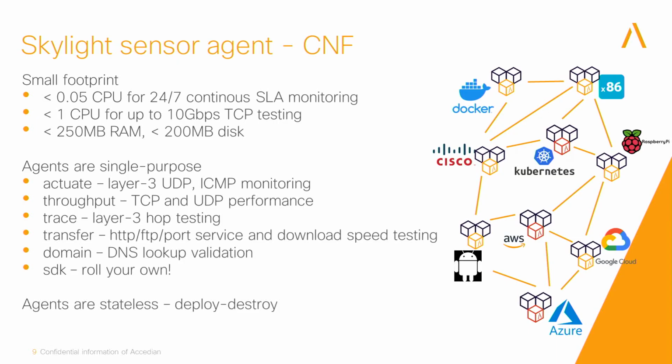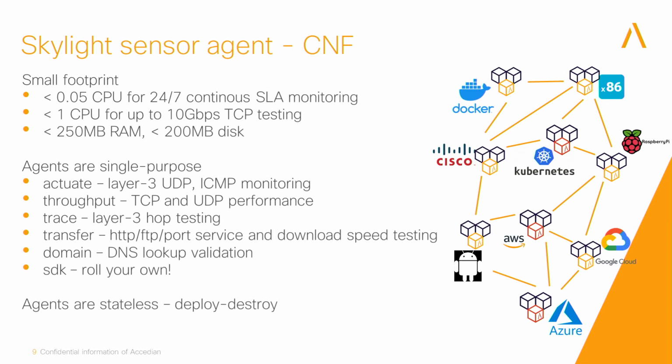A couple more agents are mentioned here. I'm not going to go into detail on all of them, but these are the ones we have today. So trace routing, transfer, talking to an HTTP or FTP service and downloading data, domain testing, which is DNS server availability and performance. And there's also an SDK of the agent framework that we have developed.